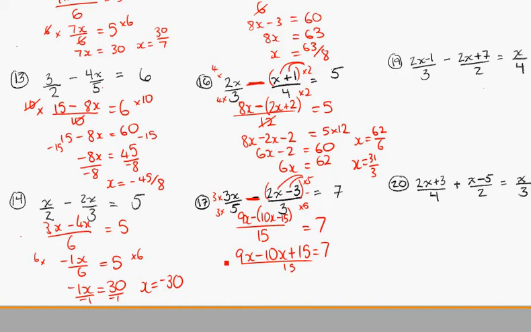At some stage we're going to need to multiply by 15 both sides. So that's minus 1x. Now we need 7 times 15. Minusing 15 from both sides. And lastly dividing by negative 1. Not a very nice problem, but if you follow the same rules, you'll get it right.